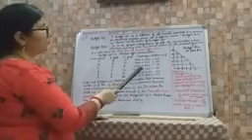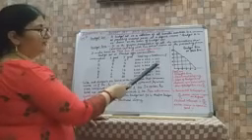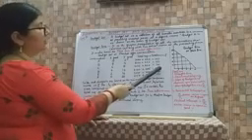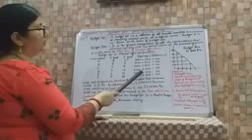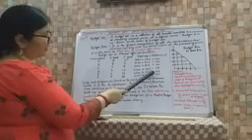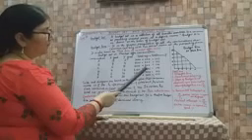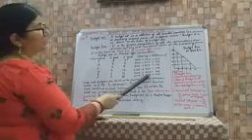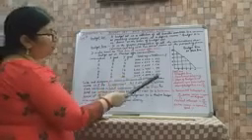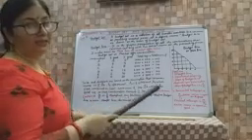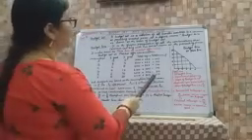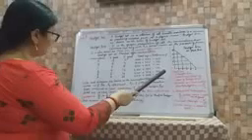Then 6 into 10 plus 8 into 5 also gives a total of 100. In the same way, 4 into 10 plus 12 into 5, 2 into 10 plus 16 into 5, and 0 into 10 plus 20 into 5. All combinations are bought with the same income, that is 100.